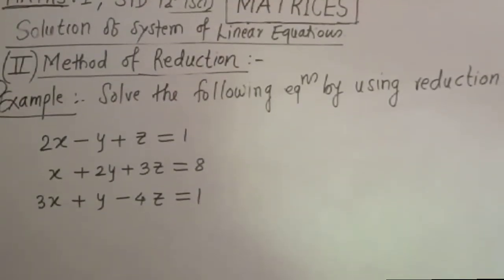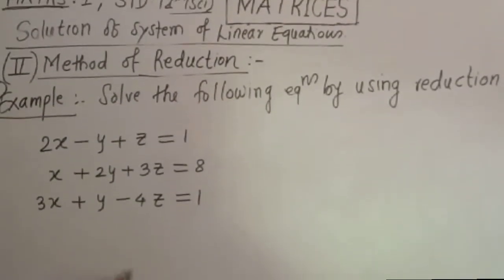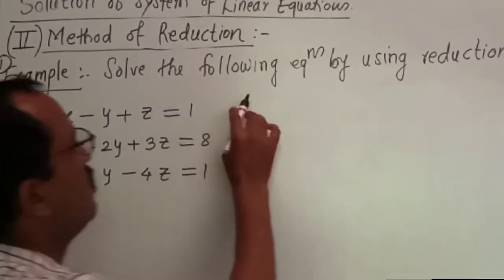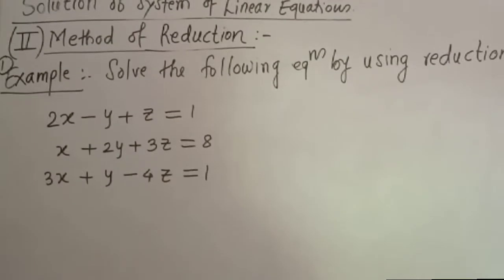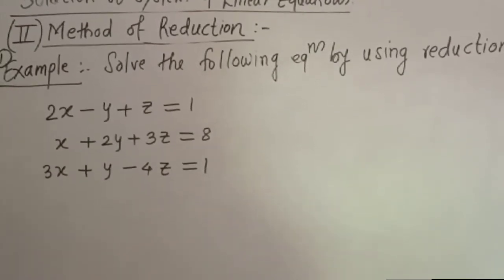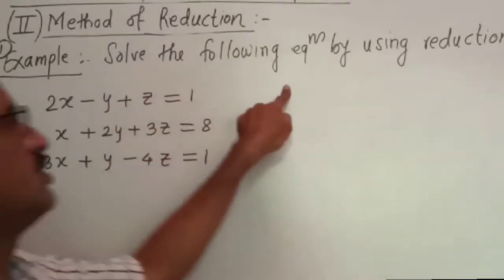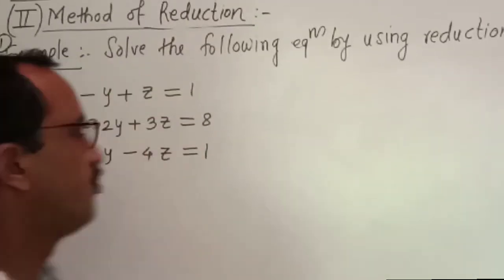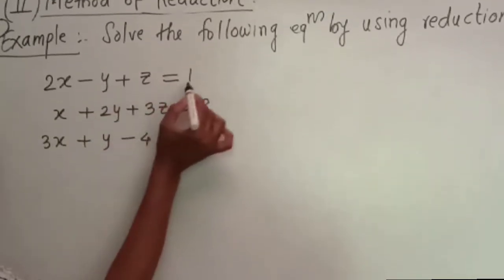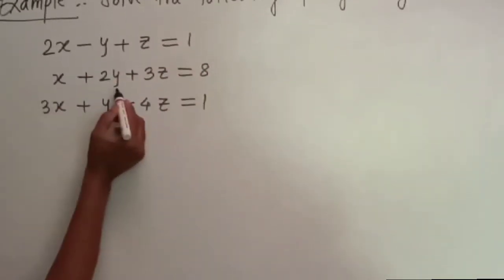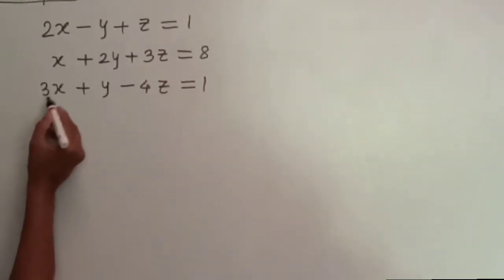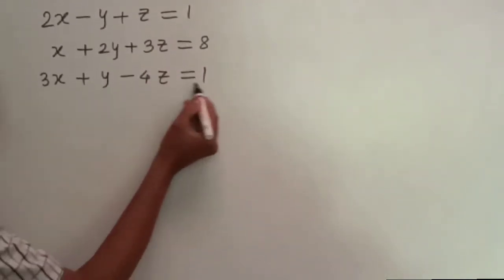Now we solve a few examples on the method of reduction. Example number 1: solve the following equations by using the reduction method. The equations are 2x minus y plus z is equal to 1, x plus 2y plus 3z is equal to 8, and the third equation is 3x plus y minus 4z is equal to 1.